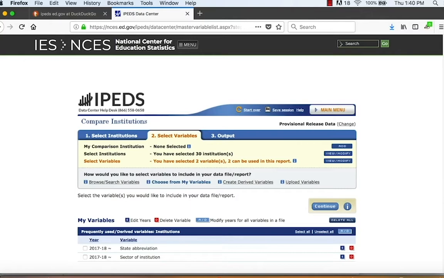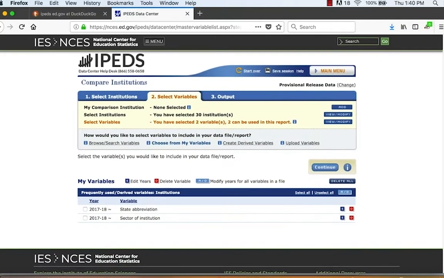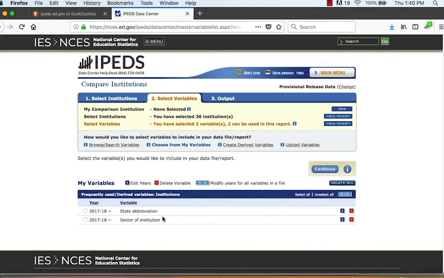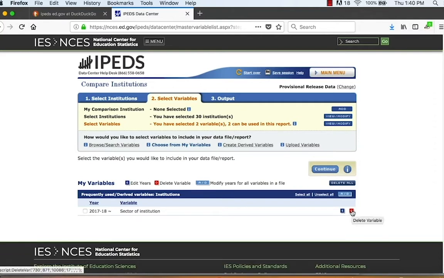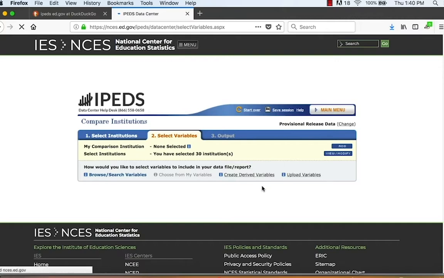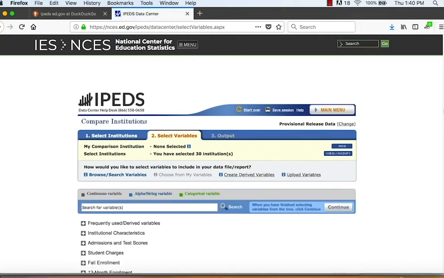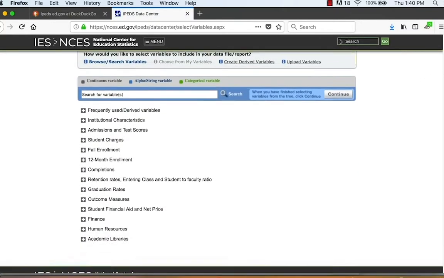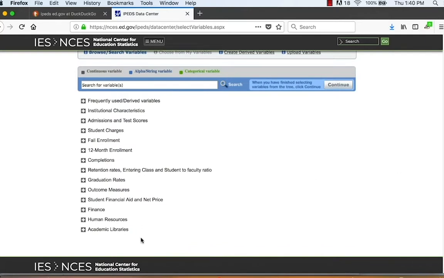Right. Now, when you do make the selection, they give you as a variable the things you selected by, which isn't that useful because we know we only chose Georgia, and we know we only chose 4-year public schools, so we don't really care about those. So now they give you an idea of what variables you can choose. And you can see that there are lots of different options.